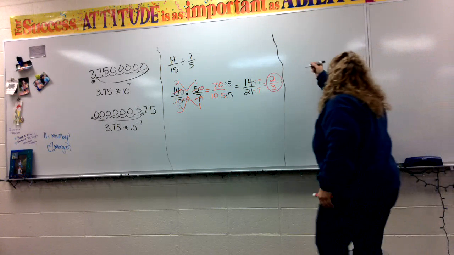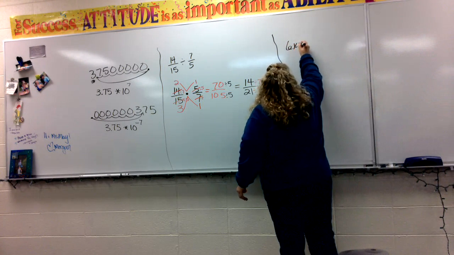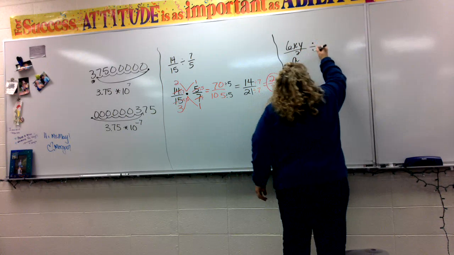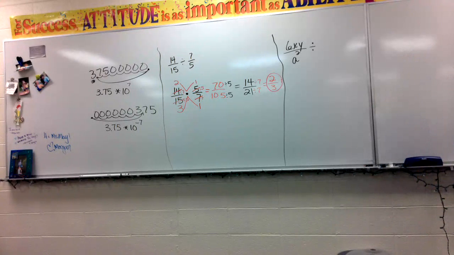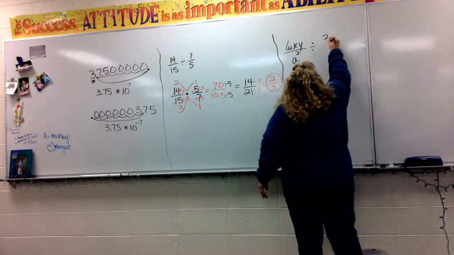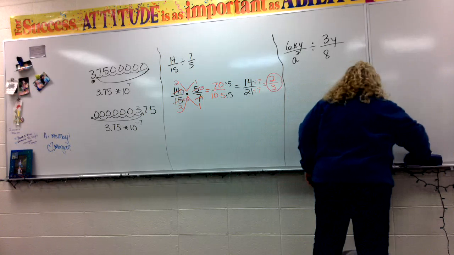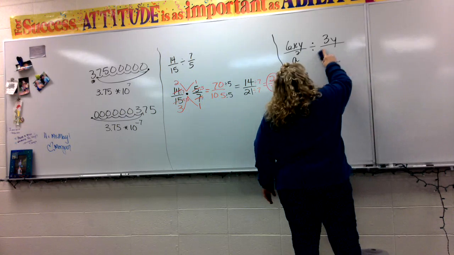6xy over a squared. Divided by, now we have some letters in there. 3y over a to the third x. A to the third, not 8.